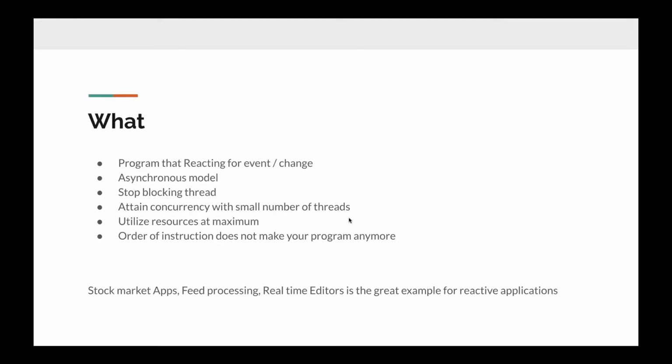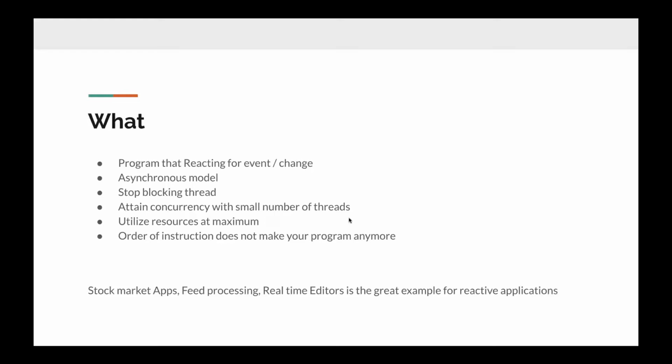And the order of the instructions does not matter in your program anymore. If you are thinking in a synchronous model, you'll be following your code. When you are reading, there is an order, right? First you are validating, you're updating the database, you're calling the third-party system, and you're updating it again in the database, then you are sending to the user. That sequence of order is no more useful, because you are going to make your code asynchronous.